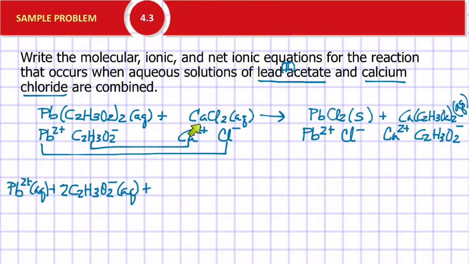And then here, in CaCl2, I have 1 calcium ion, I have 2 chloride ions. So there's a subscript there. Calcium ion and 2 chloride ions. This is insoluble. It's not a strong electrolyte. And so we're just going to copy it down.